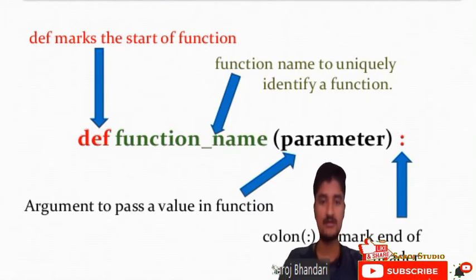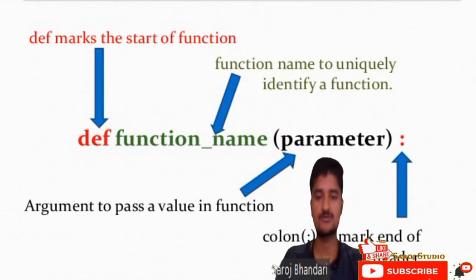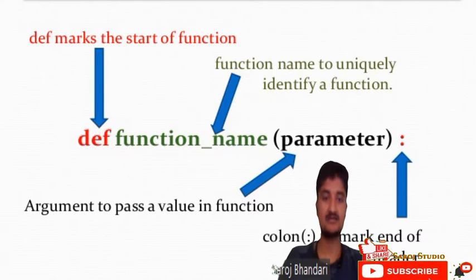At first, we use def as a keyword, as you can see on the screen, and then a function name, which is the identity of the function, and then function parameters, in which we put the arguments that are passed by value to the function. Then, for executing our function block, we use the colon over there. The colon is used in order to begin our function block.